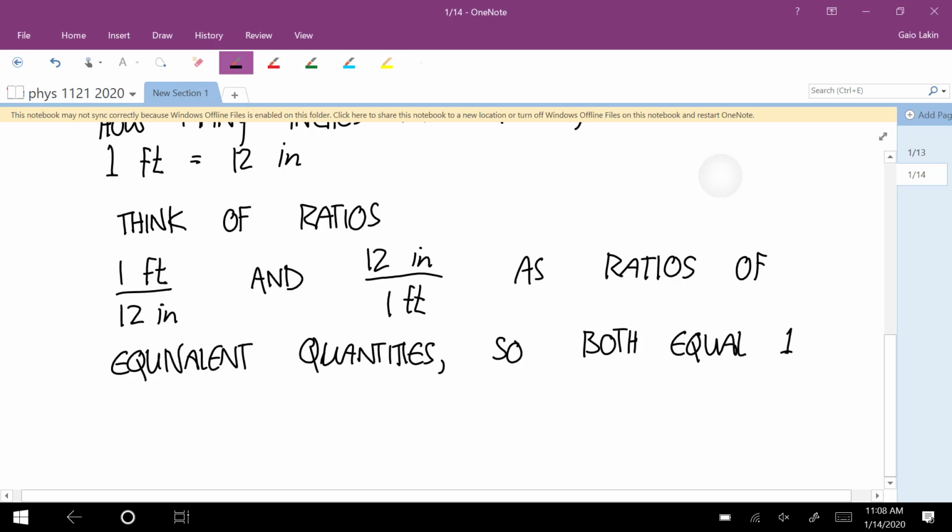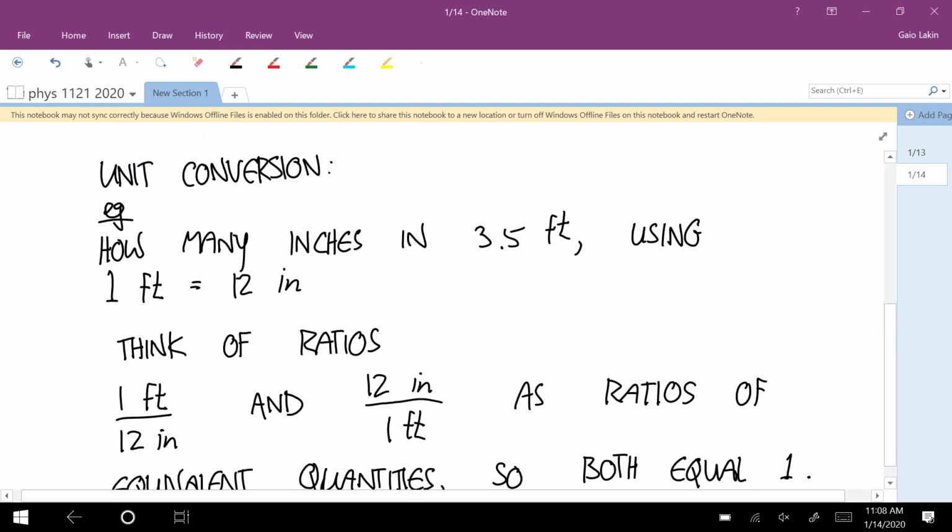And what that means is that you can multiply anything by either one of these ratios without changing the thing that you started with. It'll look different, but it'll still be the same thing, okay? Because you're dividing it and multiplying it by the same quantity.